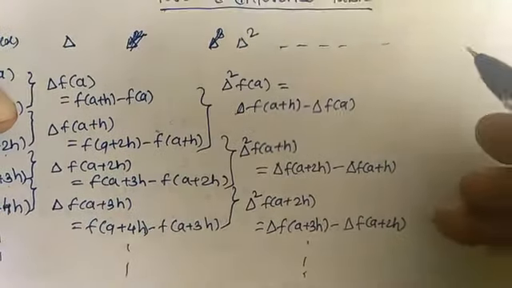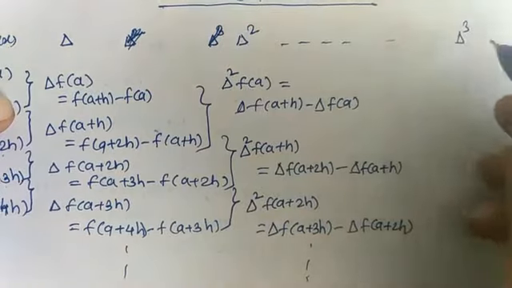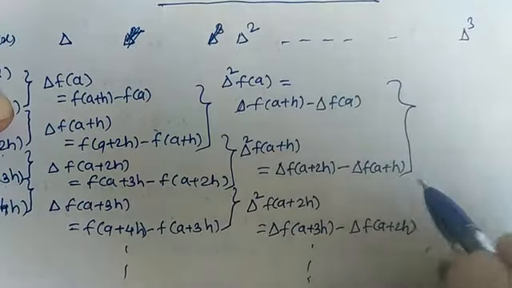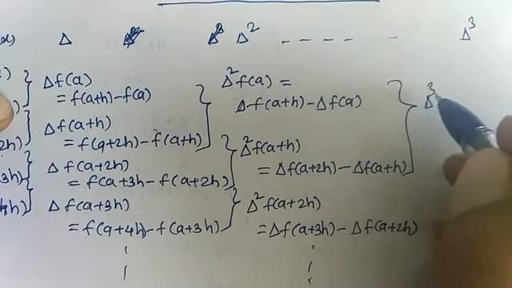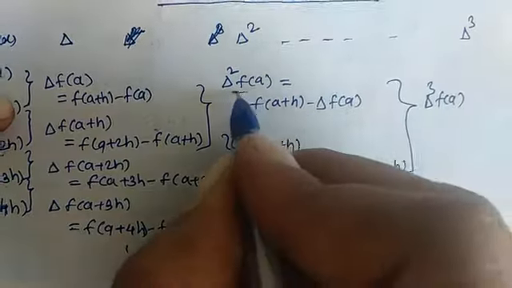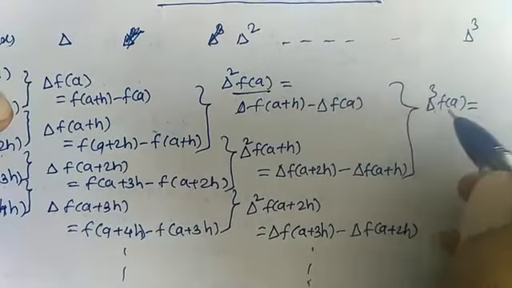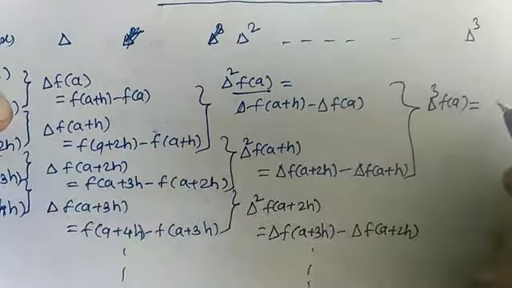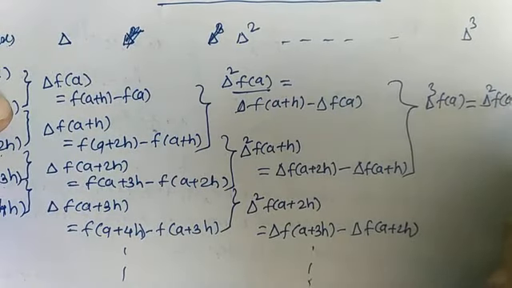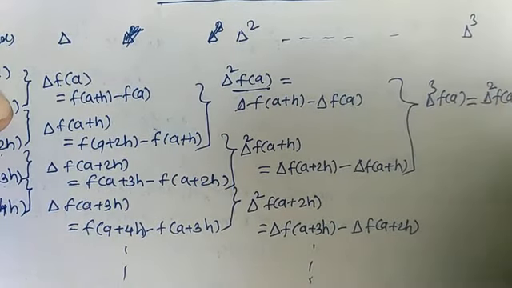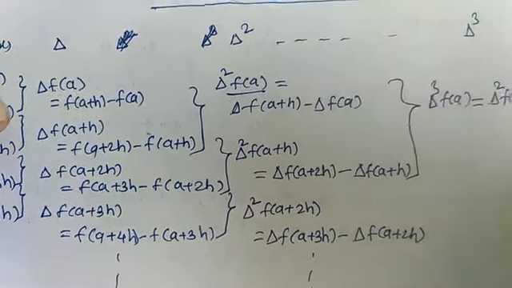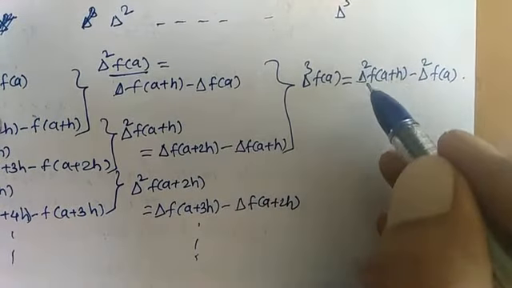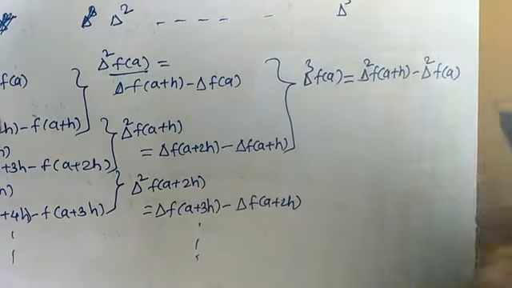For third, del cube, it will be the difference of these two, which will be del cube f of a. So the first, which we have calculated, is equal to del square f of a plus h minus del square f of a. So we have to take the difference in between del square f of a plus h and del square f of a.